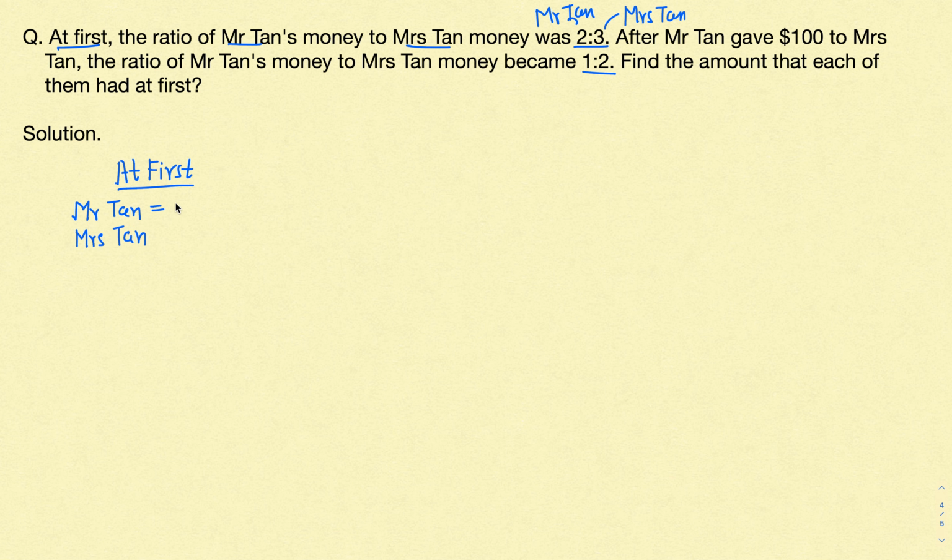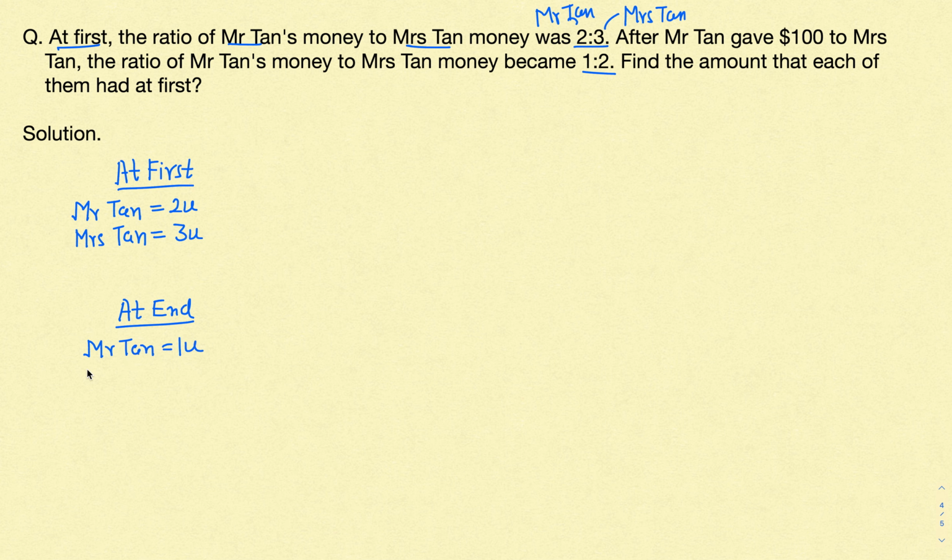Now after Mr. Tan gave $100 to Mrs. Tan, the ratio changes, right? And it changes to what? It becomes 1:2, right? So we can write here later or at the end. At the end the ratio changes, in what way? We can say Mr. Tan becomes 1 unit, and Mrs. Tan became 2 units, right?